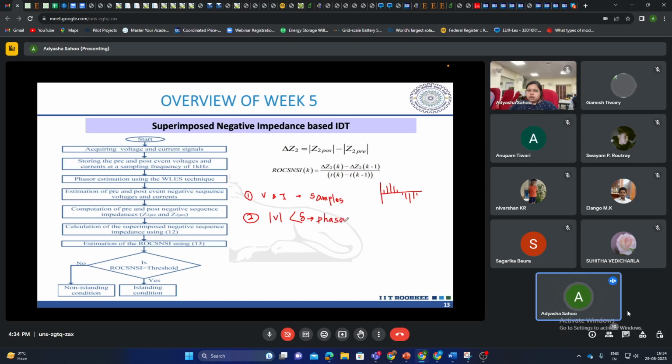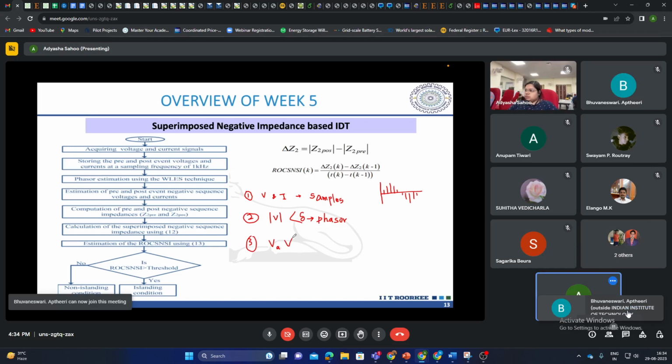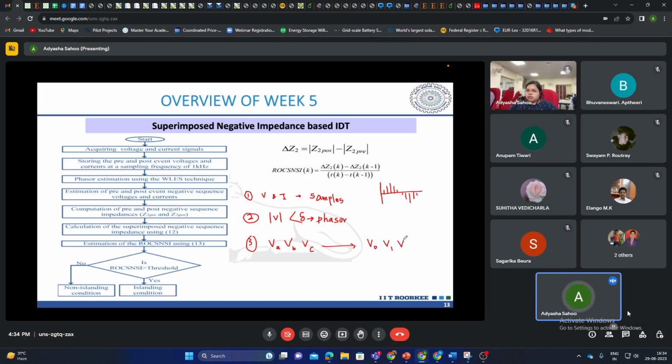Once we have the phasor quantities, these will be the phase voltages, that is VA, VB, VC. Then we will have a transformation matrix to convert them into sequence components. Similarly, we will also do it for the currents.